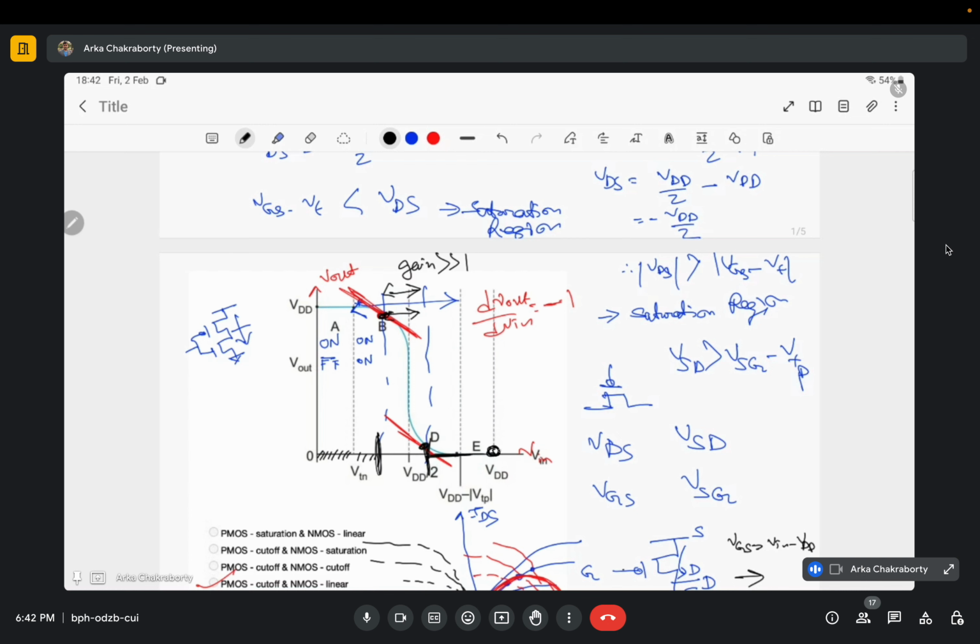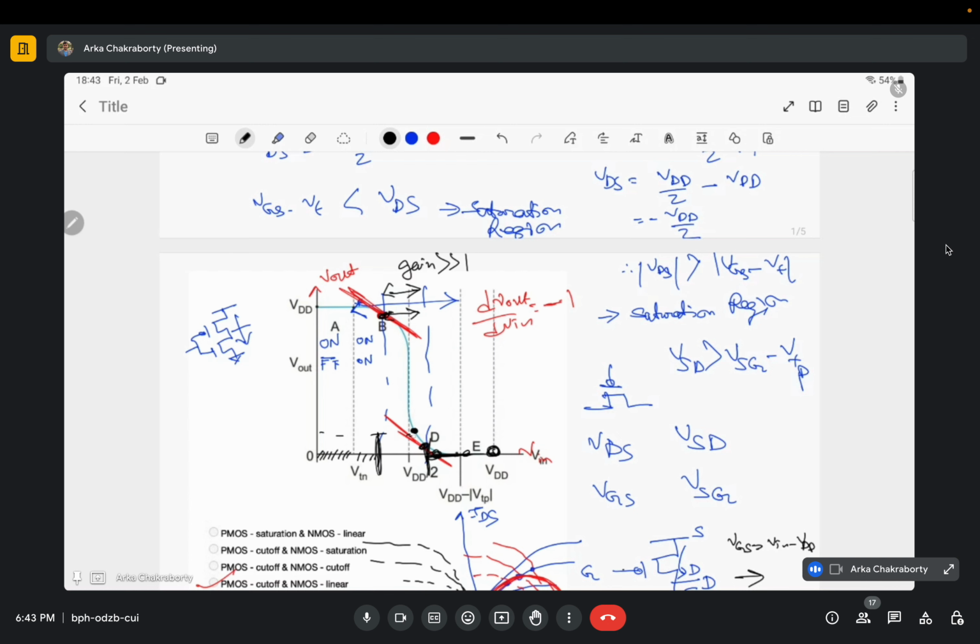I can take VDD as input, I can take this one, but not here. I cannot take this one. Why? Because if I give such a point as my input, it will be in the high gain region. And as gain is high here, if some noise arises, I will not get this one as output.